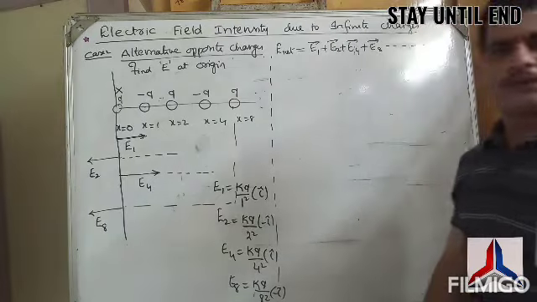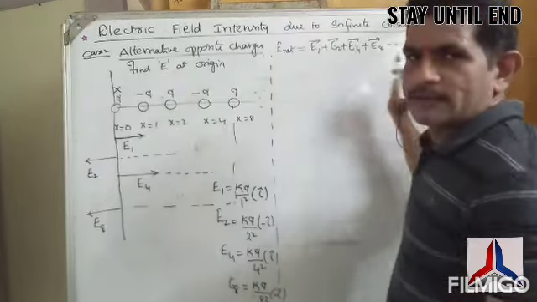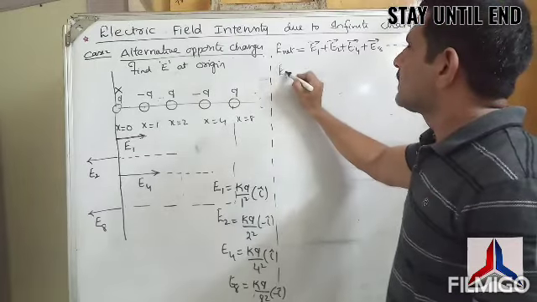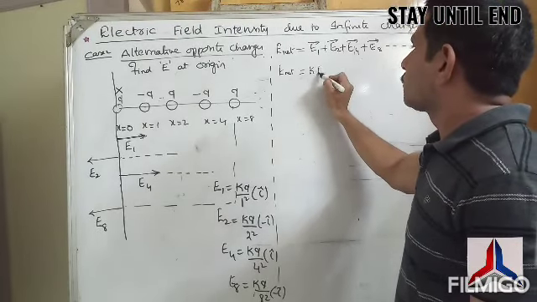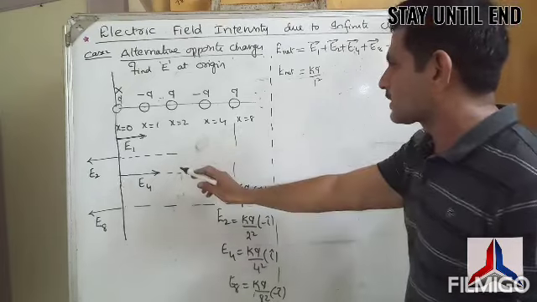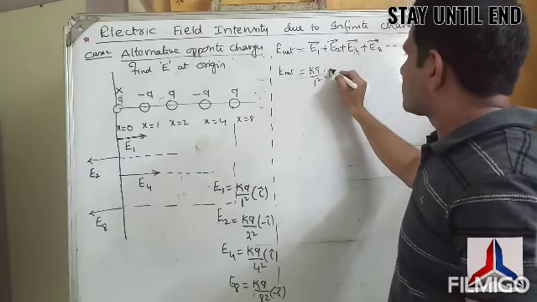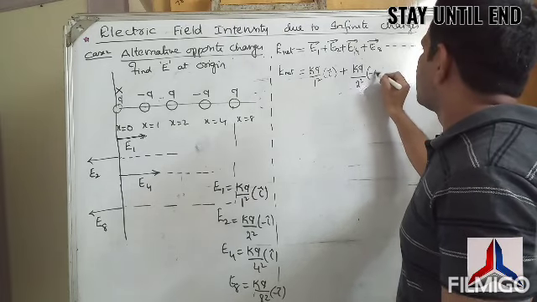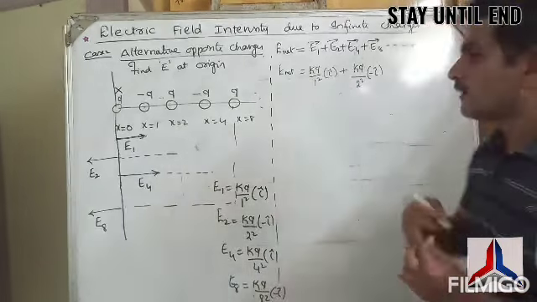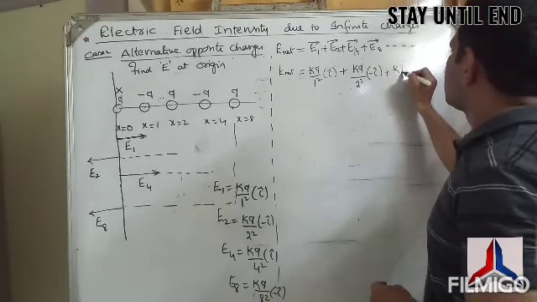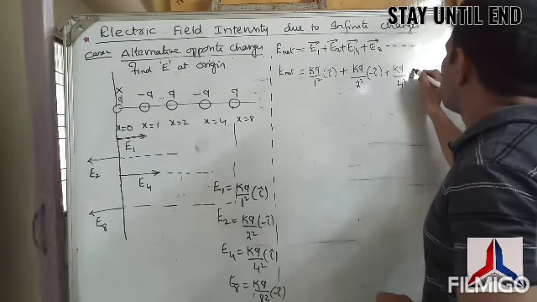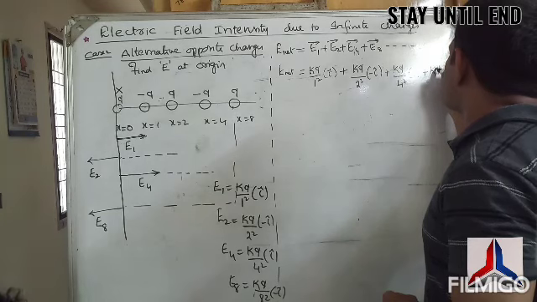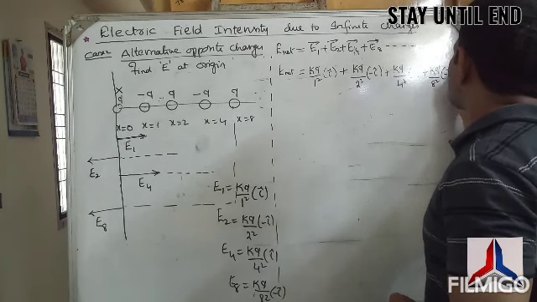E net is equal to KQ by 1 square in the positive x-axis direction, this one E2 KQ by 2 square in the negative x-axis, KQ by 4 square i, next KQ by 8 square minus i, and so on.